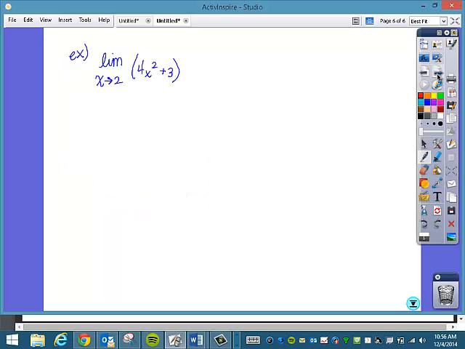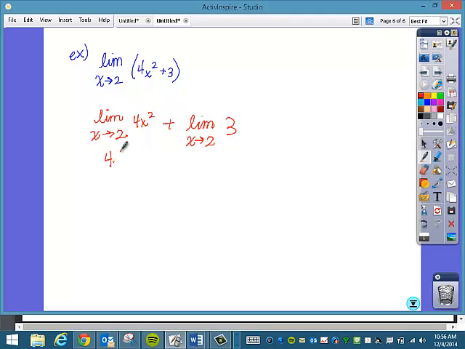All right, what if I wanted to find the limit as x approaches 2 of 4x squared plus 3? You can think of this a couple ways. You could separate this into two different limits. You can find the limit as x approaches 2 of 4x squared plus the limit as x approaches 2 of 3. So on this one, we're just going to take 2 and plug it in for x.